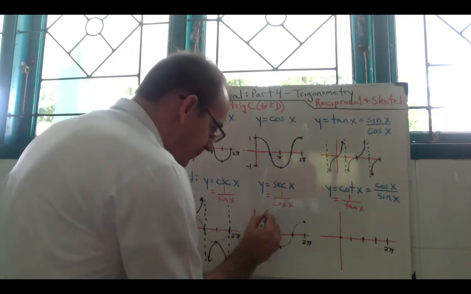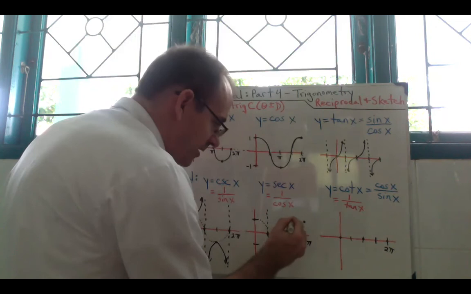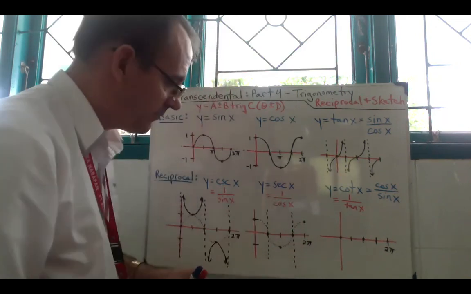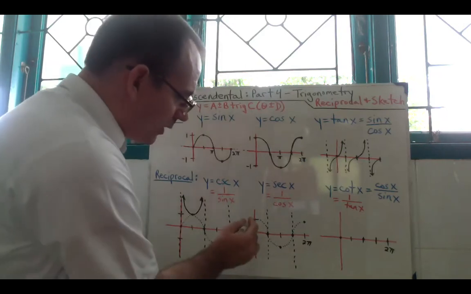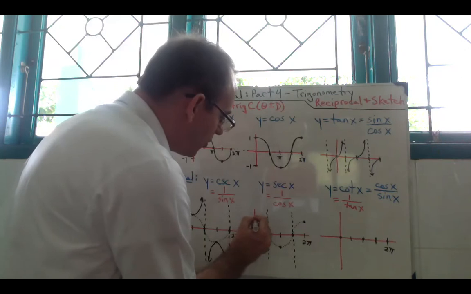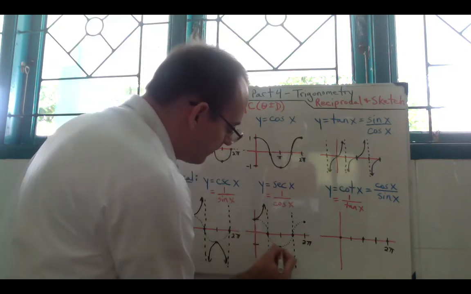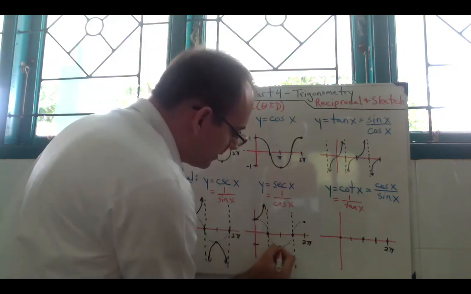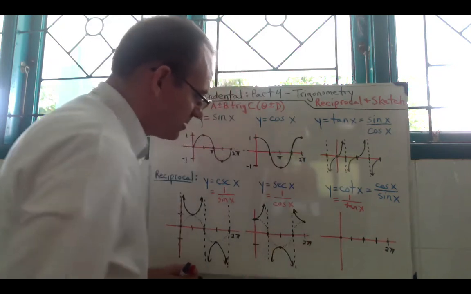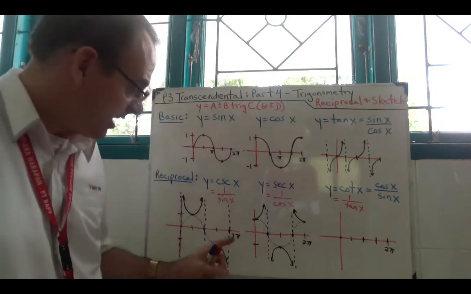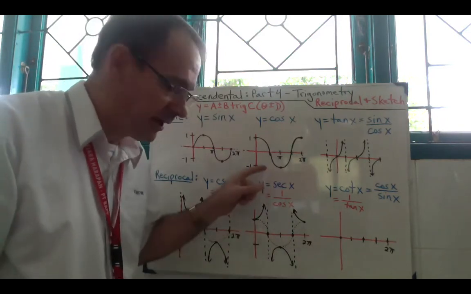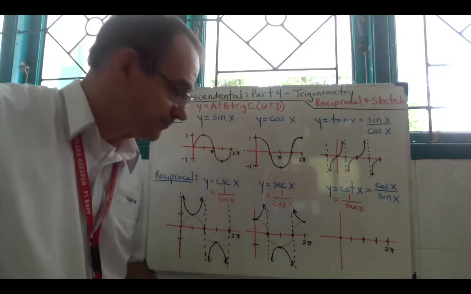So we're going to get a vertical asymptote, our imaginary line, our fence line, through the zeros because we can't divide by zero. And when you reciprocate a 1, again, you get 1. So this will go up like this. This one will go down, down towards the fence, and this one goes up towards the fence like that. So here is a 0 to 2 pi graph, the solid lines of the secant function.